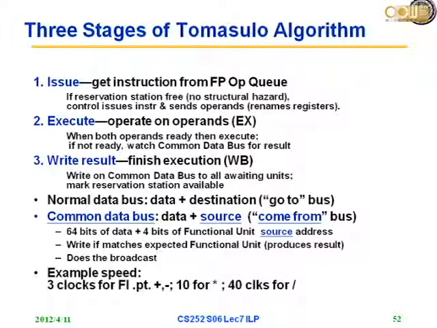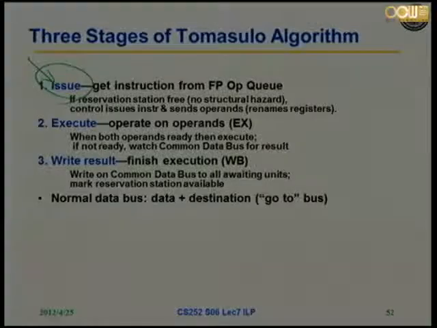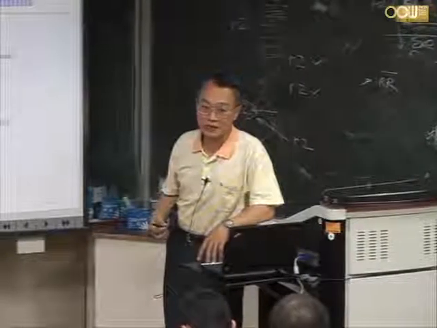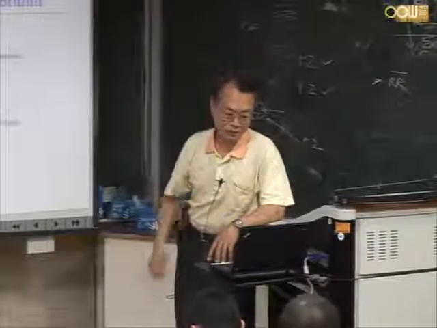Wait, let's see. When can we issue? Tell me, when can we issue? When there's an available reservation station. Or more precisely, when you get to the tail of the floating point queue and you find an available reservation station for you, then you can issue.